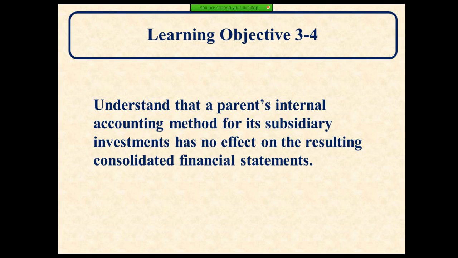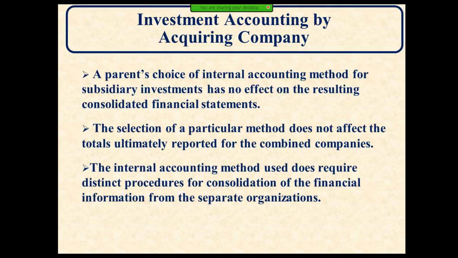Based on this internal accounting method, the parent's internal accounting method, we've got three options, but in the end, the consolidated financial statements are going to have the same figures and same numbers no matter which method we use for internally keeping track of the subsidiary's income. So, how do companies choose which method they use?